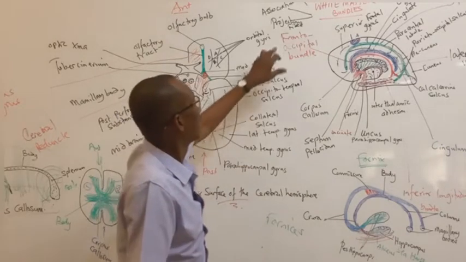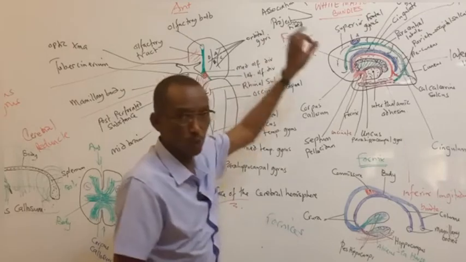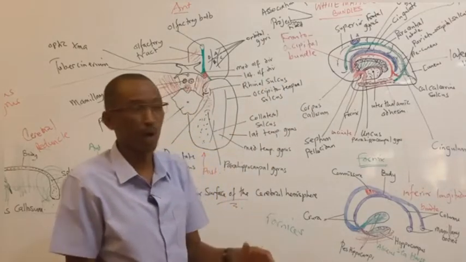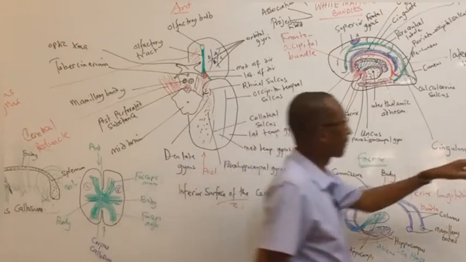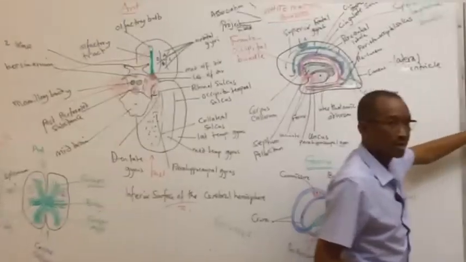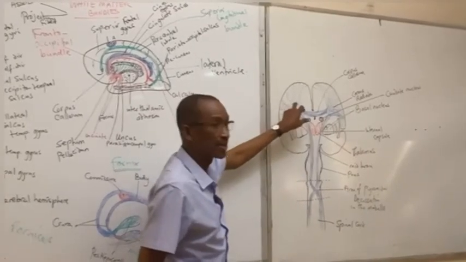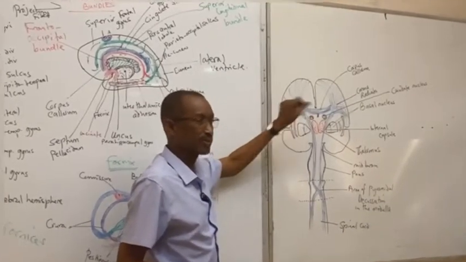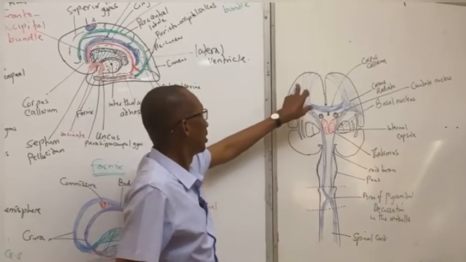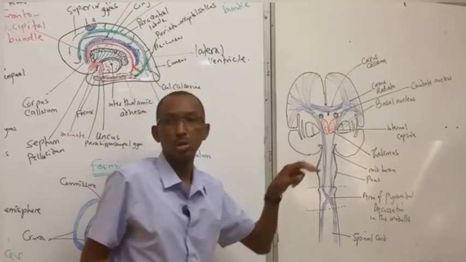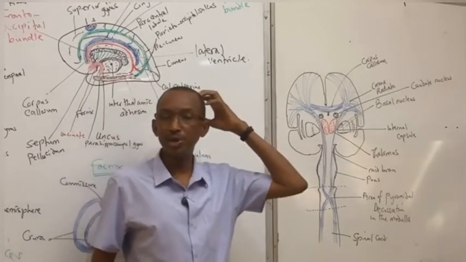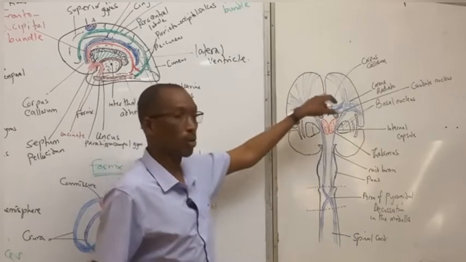The other one that we'll discuss is the projection fibers, which, if you can remember, we discussed in our last videos. We said these projection fibers are axons of the neurons from the cerebral cortex.